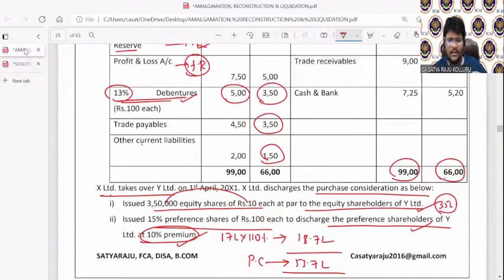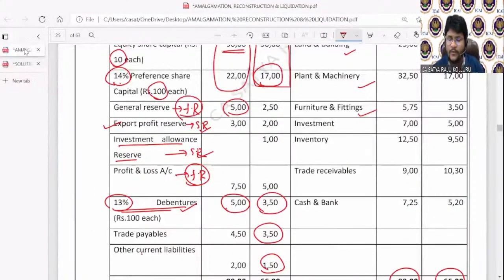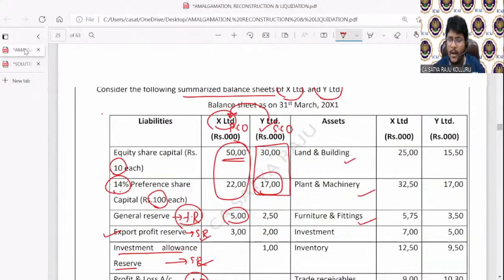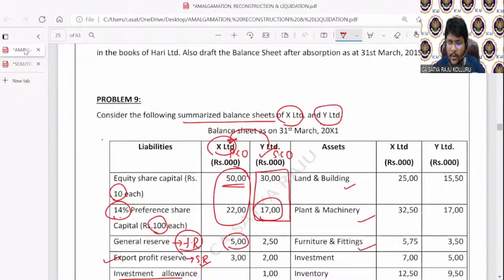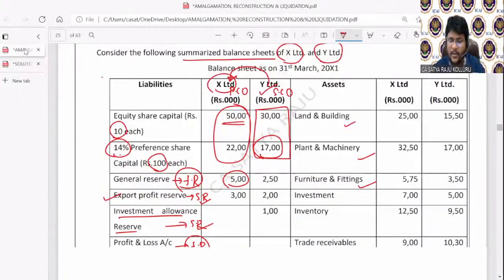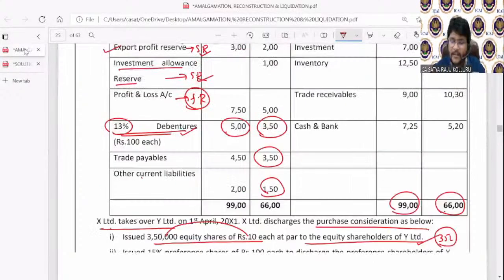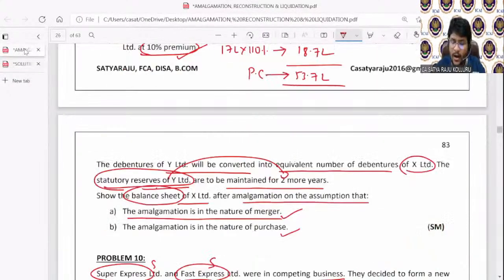Sir, here you need to understand one thing. This problem is a combination problem. In the same problem we are conducting amalgamation in the nature of merger and amalgamation in the nature of purchase. He is asking on the basis of an assumption, don't apply the provisions. In a single problem he has given that you can assume it is amalgamation in the nature of merger.